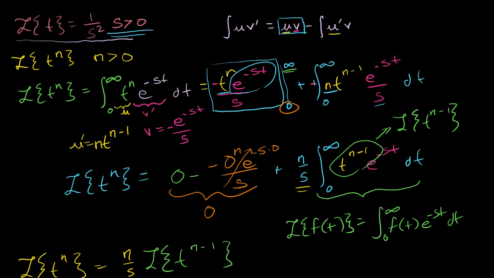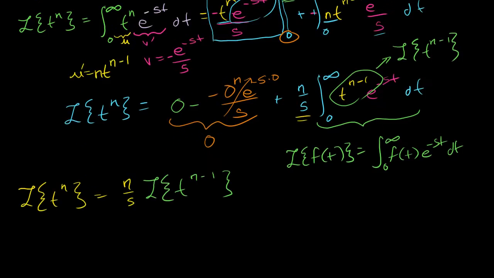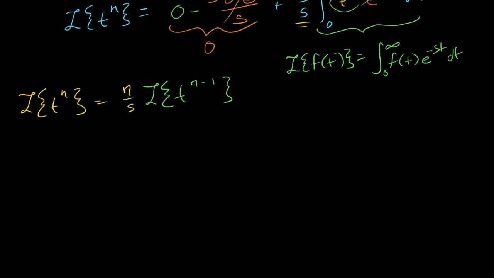So let's see if we can use this information to get a generalized formula. The Laplace transform of just t, I wrote that at the beginning of the problem, t to the 1, is equal to 1 over s squared, where s is greater than 0. Now, what happens if we take the Laplace transform of t squared? Well, we can just use this formula up here.